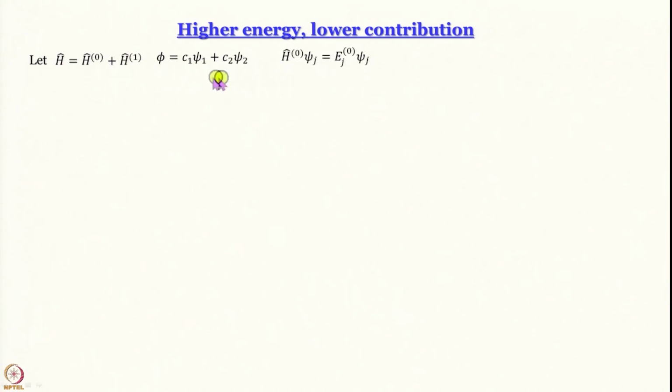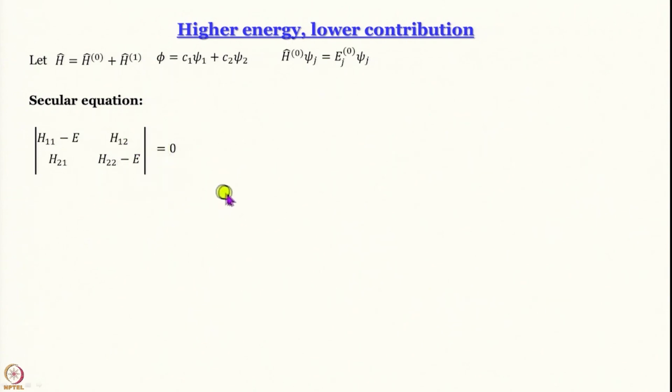And now we are saying that these psi's are eigenfunctions of the 0th order Hamiltonian with eigenvalues Ej 0th. So, the secular equations we get in this case would be H11 minus E, H12, H21, H22 minus E, what we have learnt earlier. What is HII? Instead of H11, H22 separately, I will just do HII.